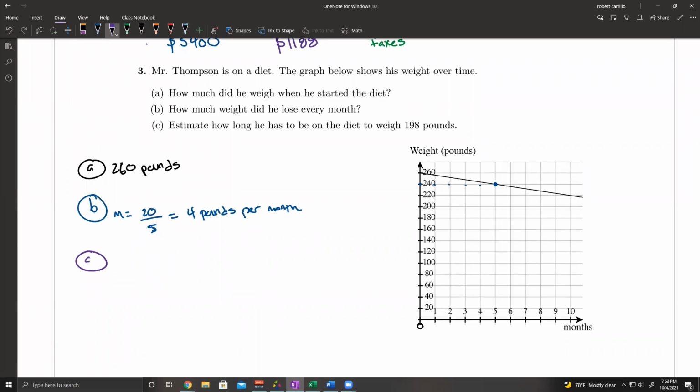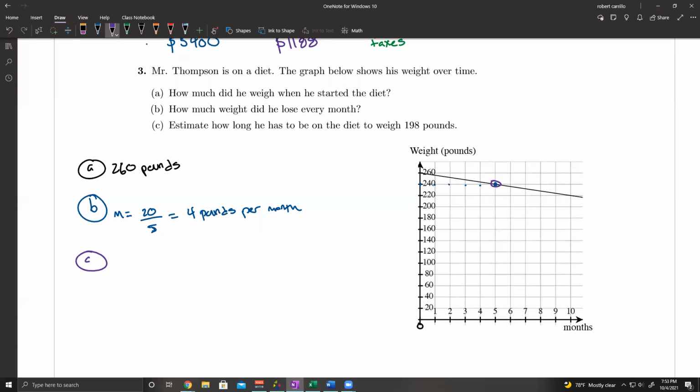So how many more months until he's at around 198 pounds? If he's losing 4 pounds per month. So we found out after 5 months, he was at 240. So we lost 20 pounds in 5 months.